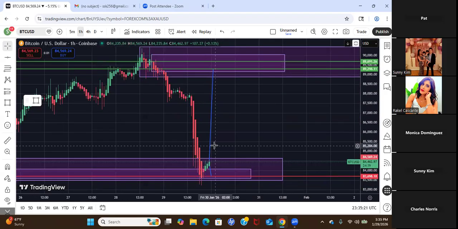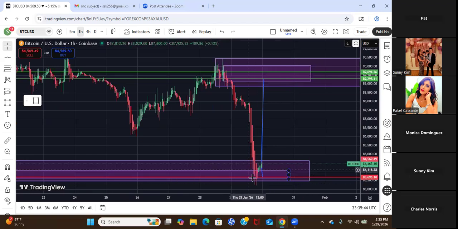If it just continues going this way, you see on the 1 hour, for my more advanced people, there's nothing but red here. So we're waiting for this structure to form like that, and then you can expect price to come all the way to 87,989, because it's so far respecting this area here.